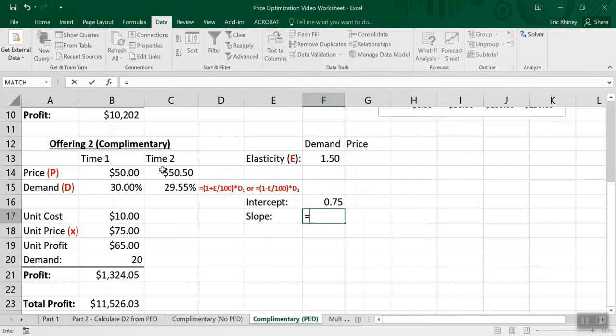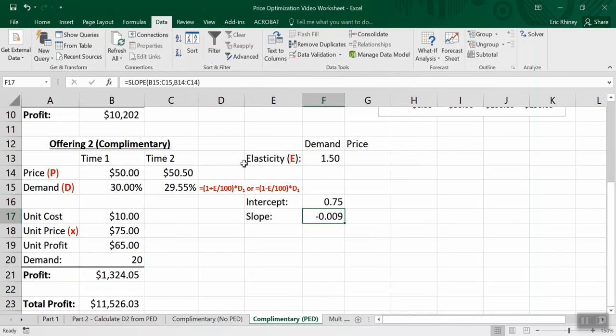And we'll do the same thing for slope. All right, and then our price points. And we can see that our intercept is 0.75 and our slope is negative 0.009.